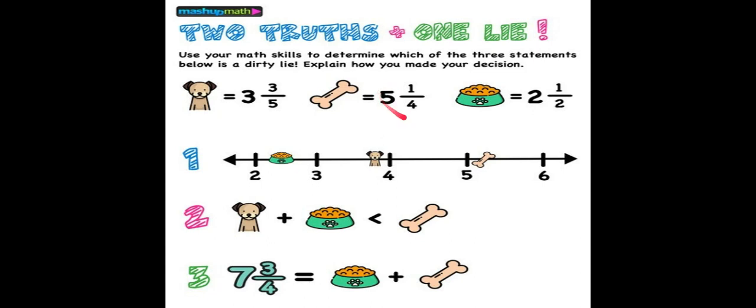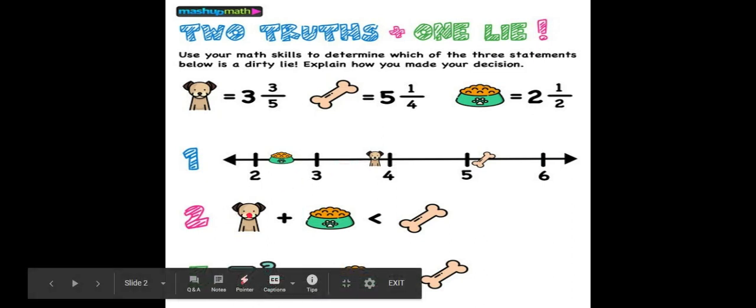The last one is the dog bone, at 5 1/4. If I chop this number line into 4 pieces, the dog bone seems to be about 1/4 of the way. So number one seems to be correct to me.